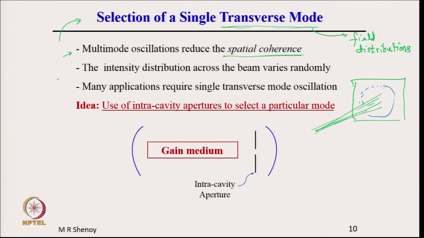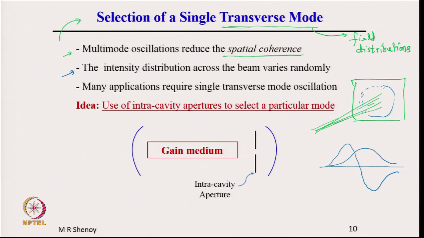All right. So, the intensity distribution across the beam varies randomly. This is because if you have several different distributions, for example, you have the Gaussian, you have the next field distribution, let me use another color.